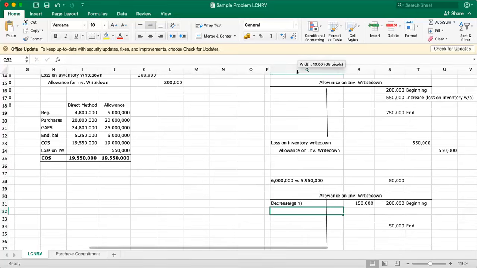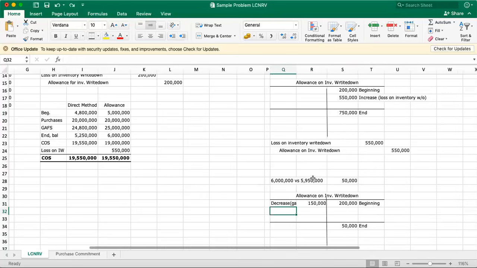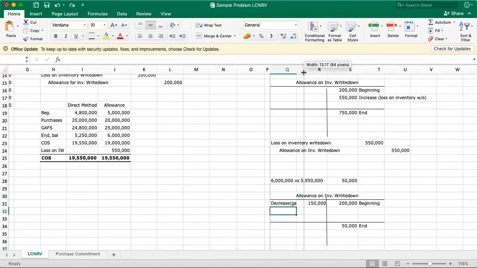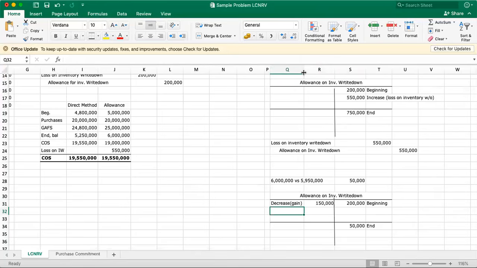Diba, gain on inventory write-down. So that is the gain on reversal of inventory write-down. So what is the entry?